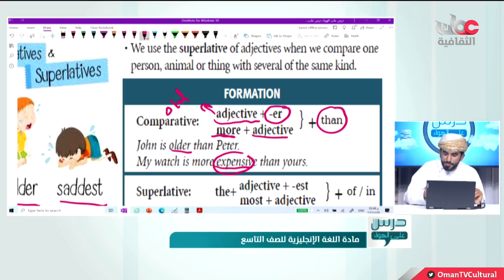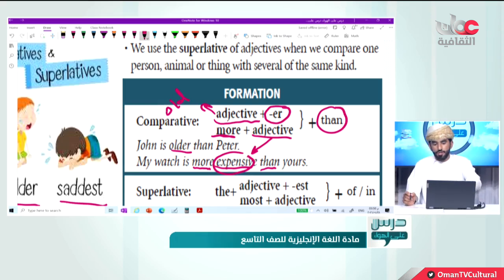And then the adjective itself, no changes at all. We don't add ER to the adjective. Why? Because it has more than one syllable. Expensive is an adjective that contains more than one syllable. Am I right? Exactly. So we use more first, and then we write the adjective as it is, no changes made, and then than, because I said it is mandatory, it's a must that you have to write it down.